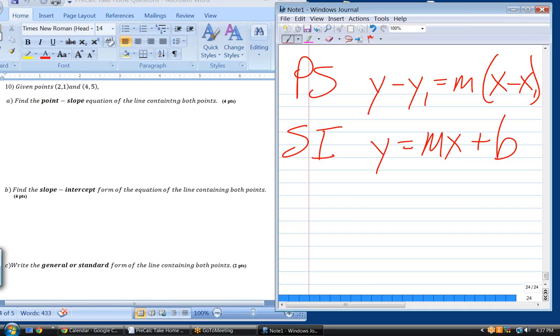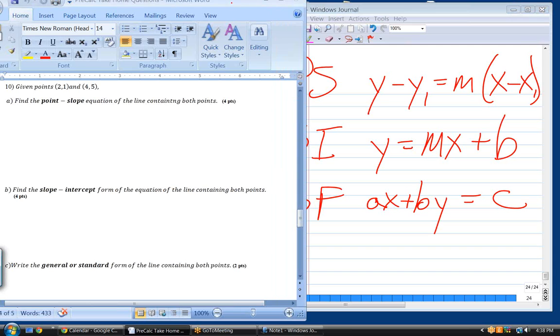And then finally, standard format is some number of x plus some number of y equals some number, where a, b, and c are not fractions. So those are your three formats, but it's important to know that they're all the same. In other words, you can take one equation and put it into all three formats.